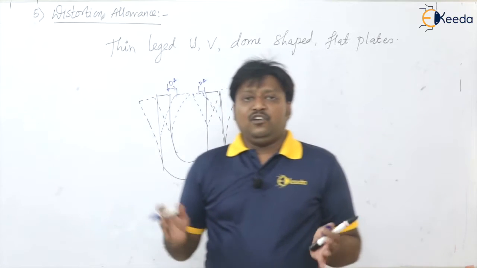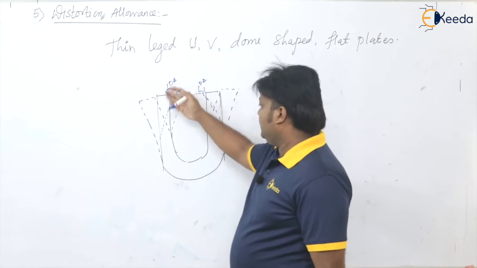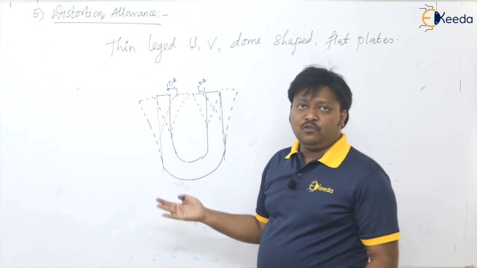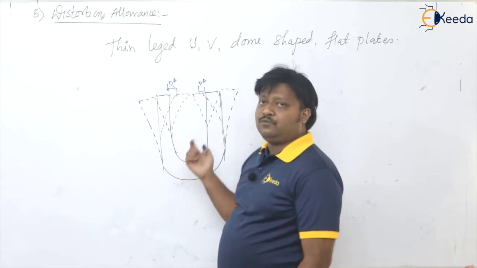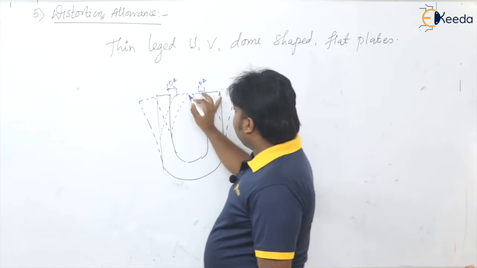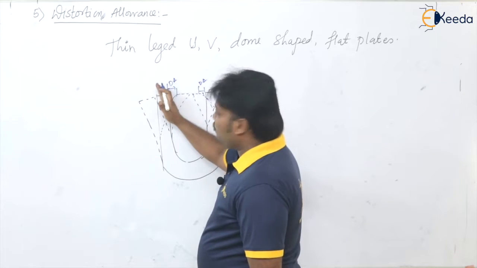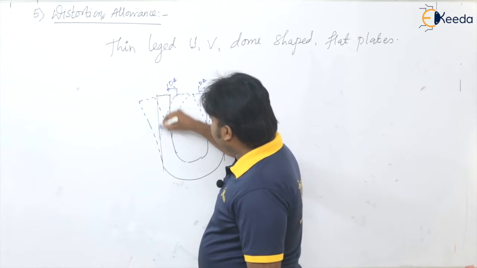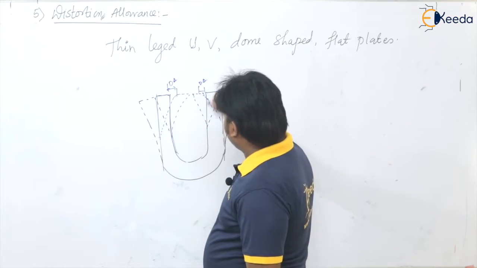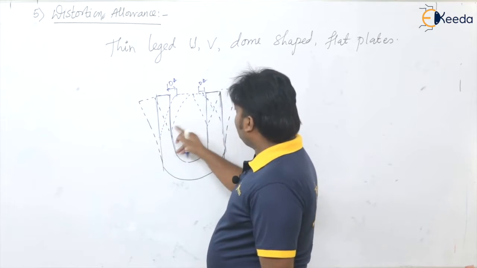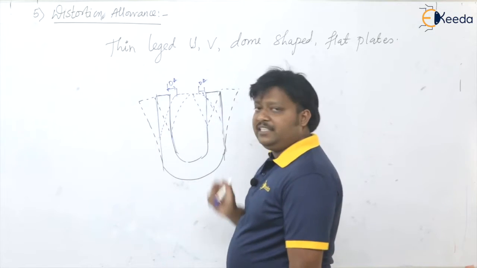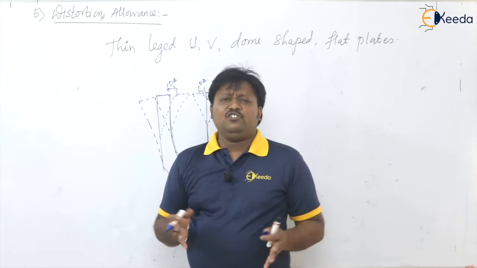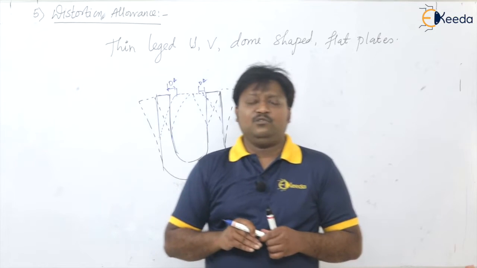So intentionally bending this shape, so that during the process, of course, metallostatic forces will occur, the shrinkage forces will occur, and the component gets distorted. The shape will come to this position, and this is our required position or required shape, isn't it? So in this fashion, we are providing the distortion allowance. The distortion allowance is a category of shrinkage allowance only.